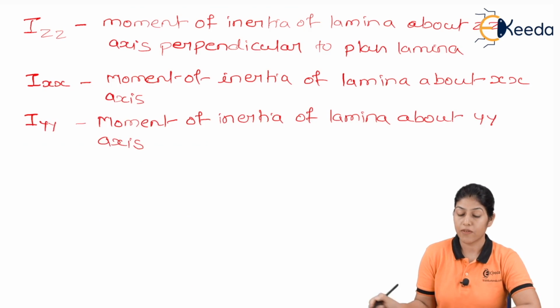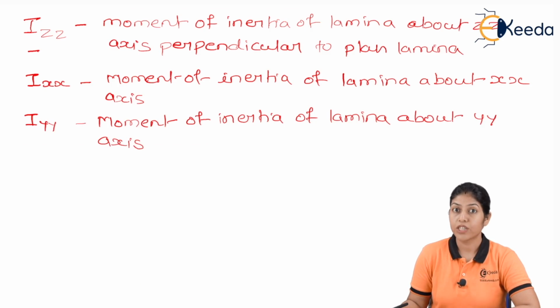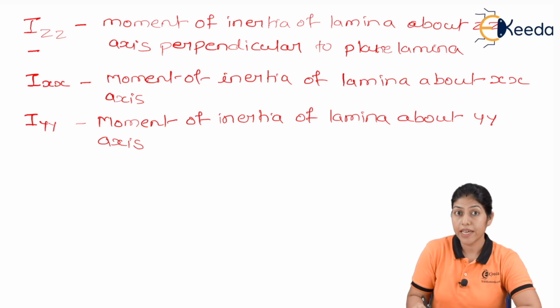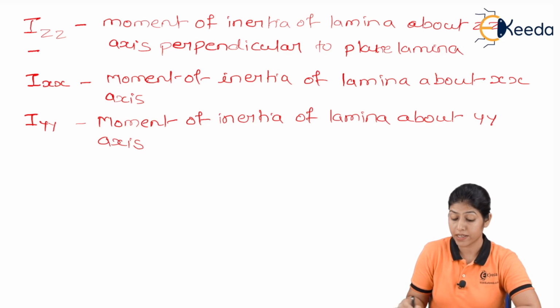Here Izz is the moment of inertia of the plane lamina about the zz axis which is perpendicular to the plane lamina, Ixx is the moment of inertia of the lamina about the xx axis, and Iyy is the moment of inertia of the lamina about the yy axis.